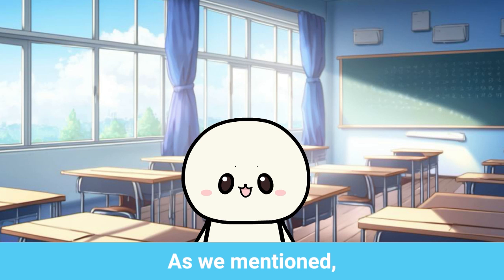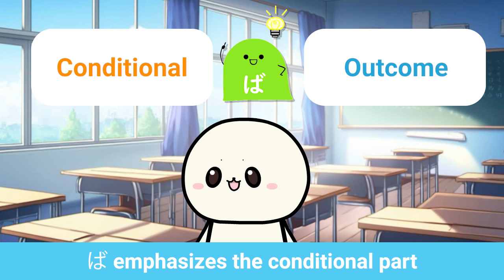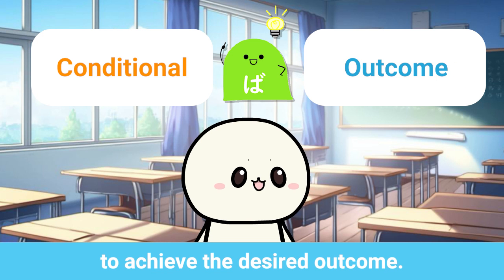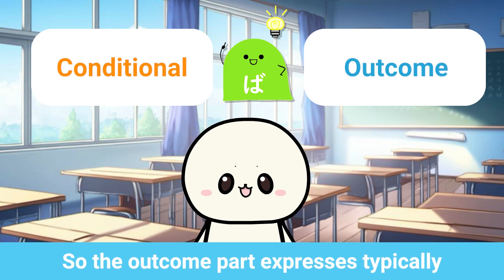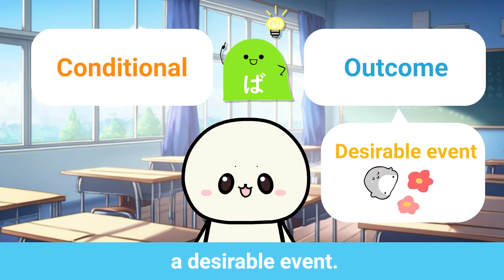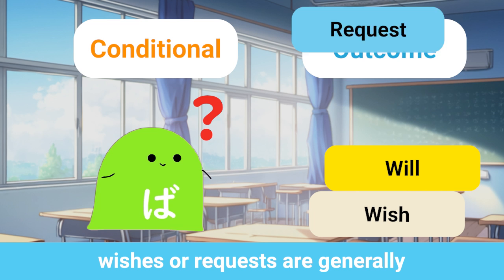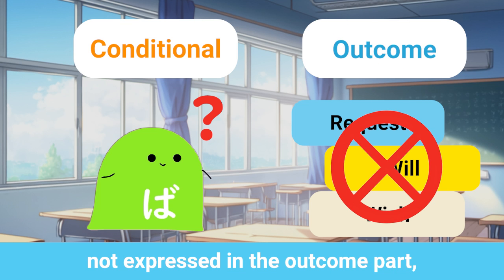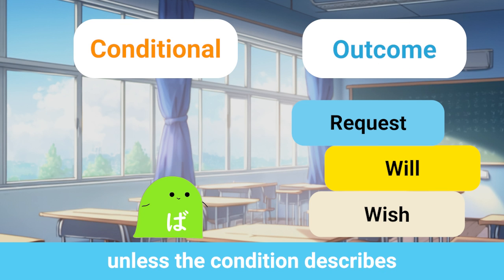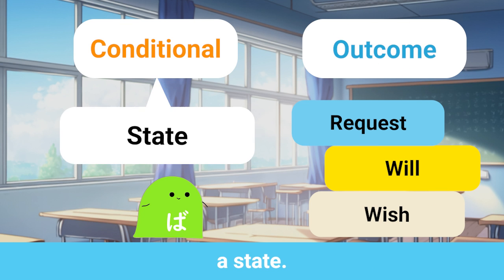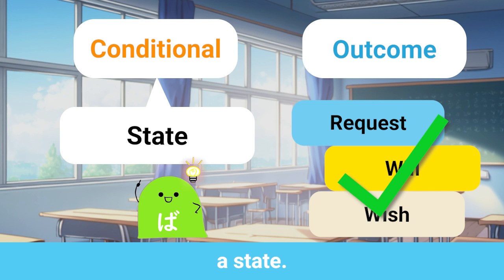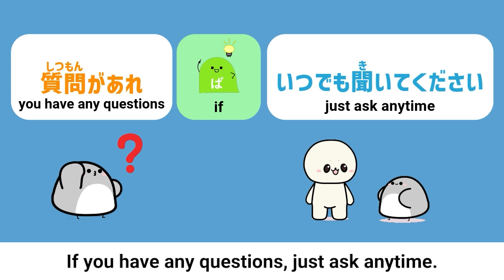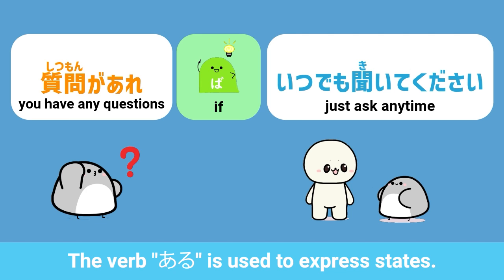As we mentioned, ば emphasizes the conditional part to achieve the desired outcome. So the outcome part expresses typically a desirable event. Additionally, wishes or requests are generally not expressed in the outcome part, unless the condition describes the state. 質問があれば、いつでも聞いてください。The verb ある is used to express states.